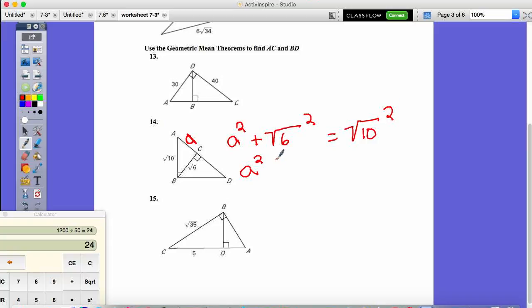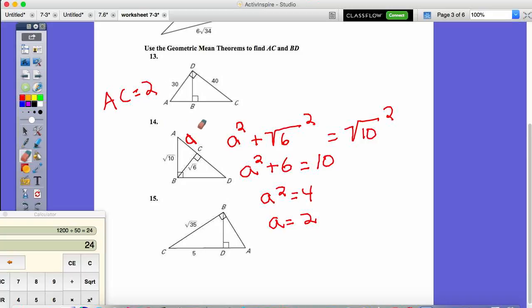Radical 6 times radical 6 is 6, and radical 10 times radical 10 is 10. That means A squared is 4, A is 2. So the length of AC is 2.